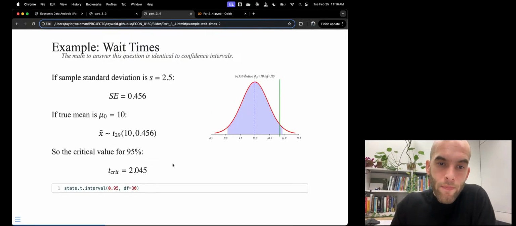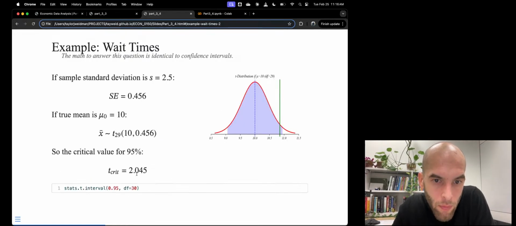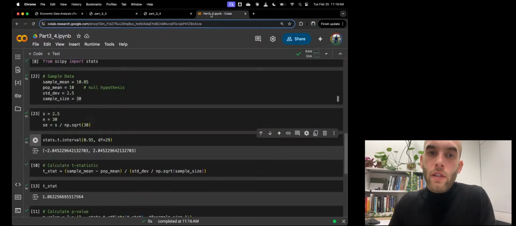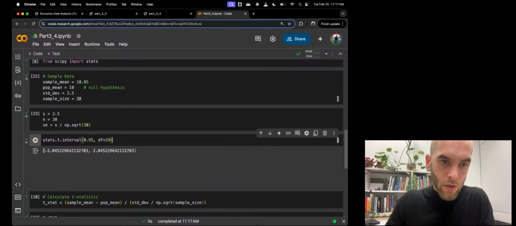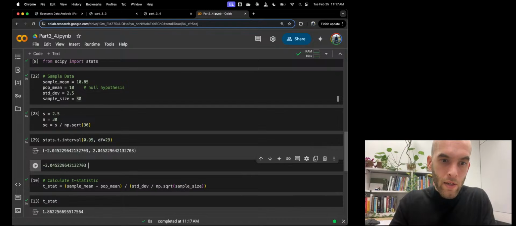Now, it looks like I didn't include the math here in the slides, but let's do it in code here. So if I add 10, what we're going to do is take this first number and add 10 to it, but we're going to multiply this by the standard error.